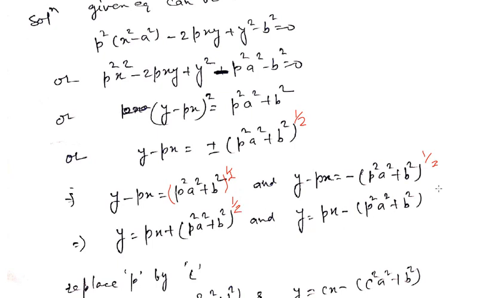Similarly, here we have y is equal to px minus (p square a square plus b square) raised to power half. Now these are Clairaut form.